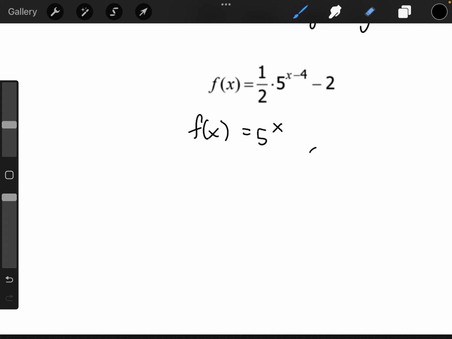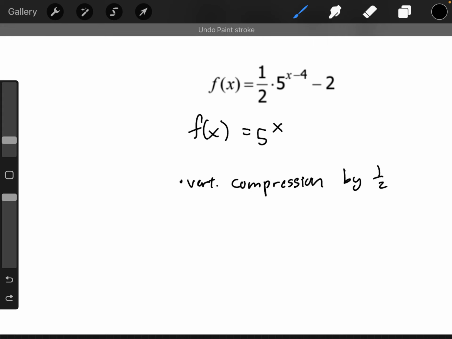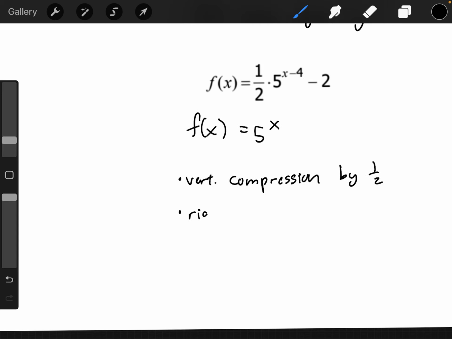The parent function here is 5 to the power of x. There's a vertical compression by a half, indicated by this a value here. You know that it's a compression because the value is less than 1, but still greater than 0.